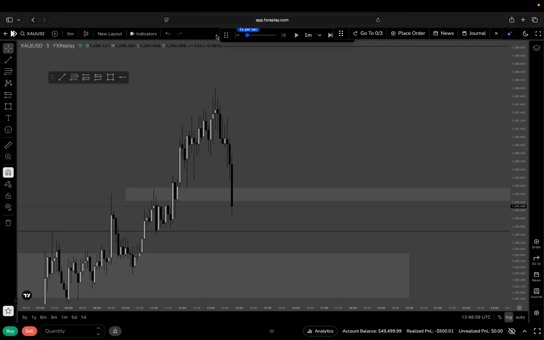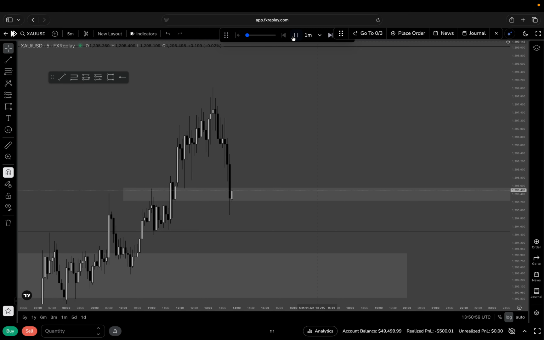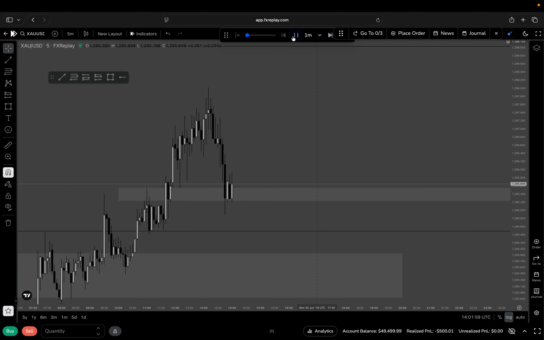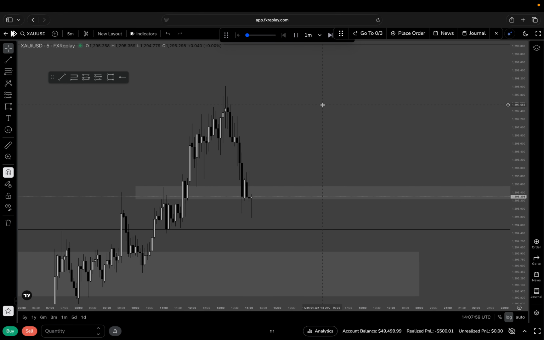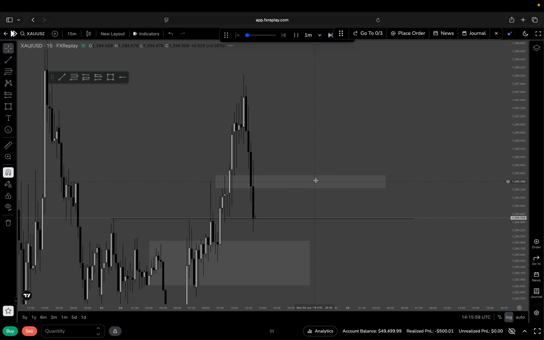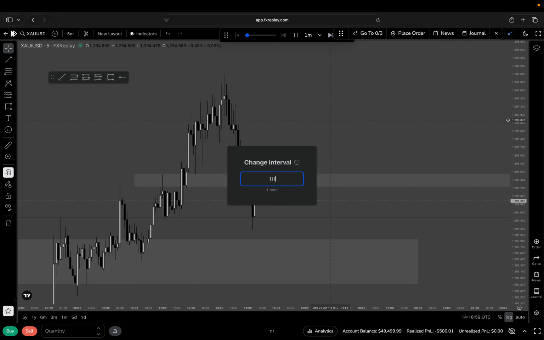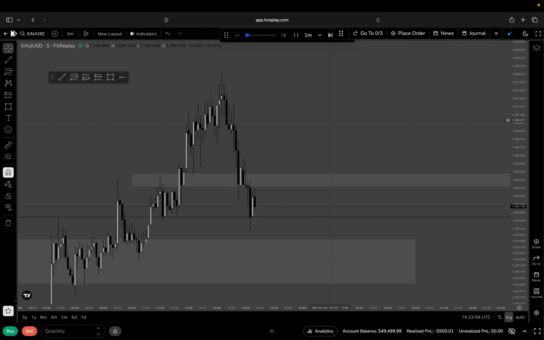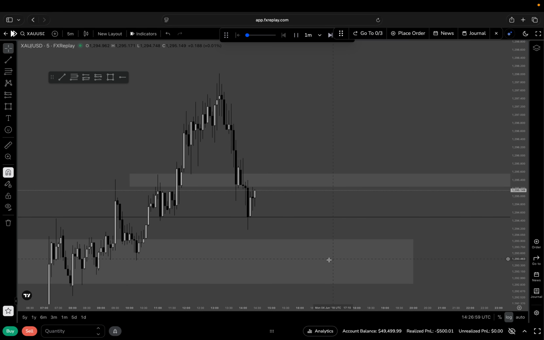Slow down a little bit. See if we're willing to hold this. Okay, no. So if price doesn't want to retrace from that hourly, I mean, we're still holding it. See where we want to retrace to. We still have that 1 hour breaker.